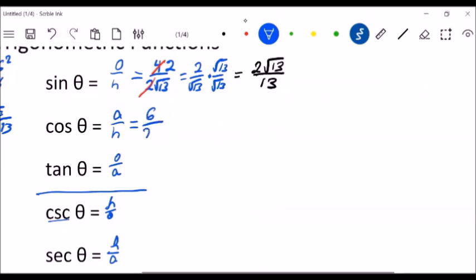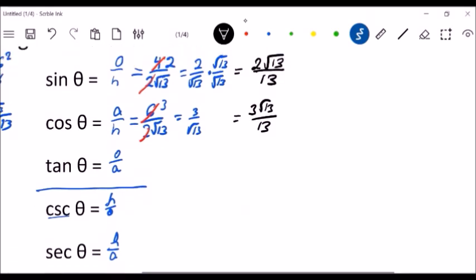That 6 over 2 root 13. So here the 2 goes into the 6, and it leaves 3. So we have 3 over root 13. And when we multiply by the root 13 over 13, we get 3 root 13 over 13.